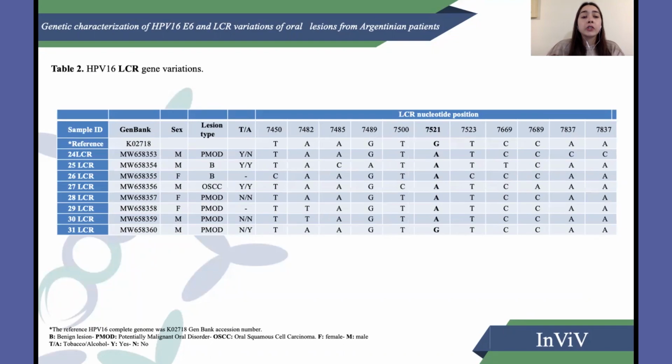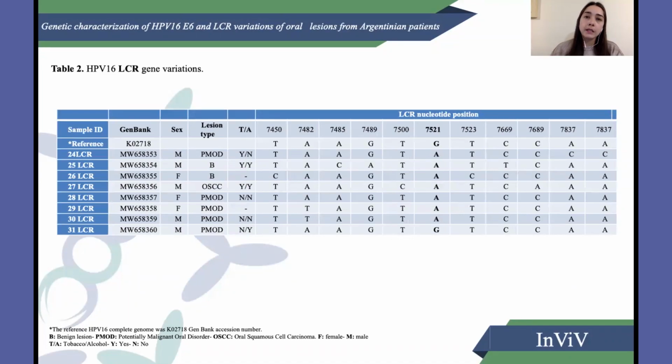For the LCR gene, the most frequent point mutation detected was G7521A in 7 sequences. In the LCR region, this position is a binding site of the transcription factor YY1. This is a regulator of transcription of viral oncogenes.